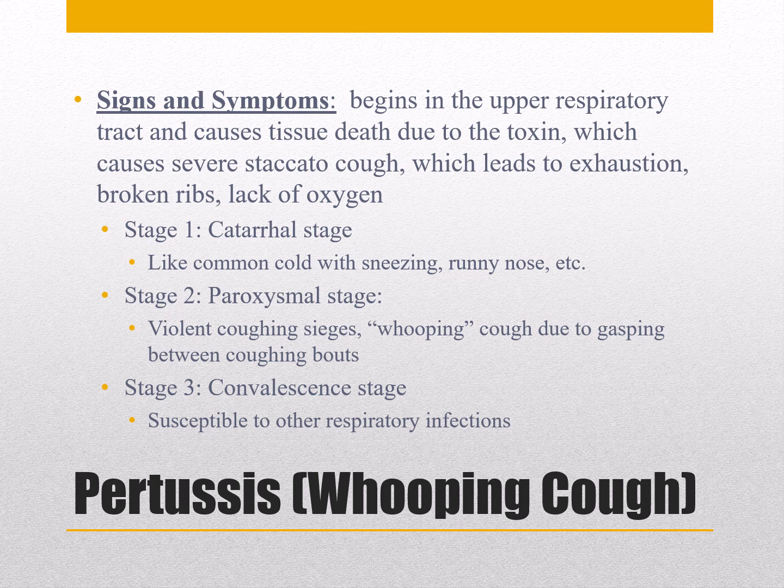Now, if this individual makes it through that second stage, there is still a big concern because with those incredibly violent bouts of coughing, even if you are recovering and you've essentially beat the bacteria, now you have all this ripped up tissue in your lungs, your trachea, your throat, and that can lead you to a secondary infection.